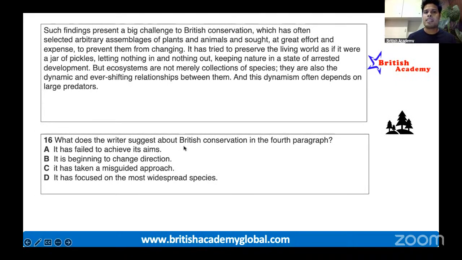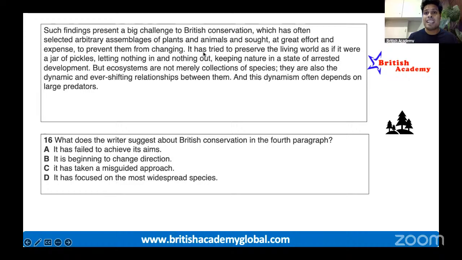What does the writer suggest about British conservation in the fourth paragraph? So now the subject that is being given to us over here, conservation. So let's try to read and find out what is being given about the conservation. Now, such findings present a big challenge to British conservation, which has often selected arbitrary assemblages of plants and animals, random assemblages, collections of plants and animals at great effort and expense to prevent them from changing.